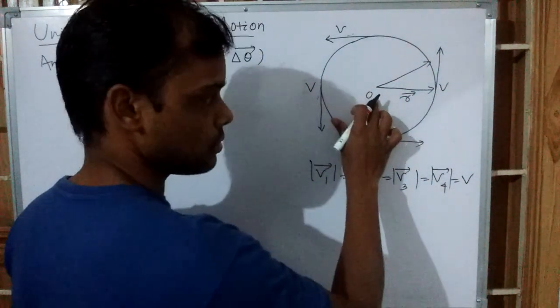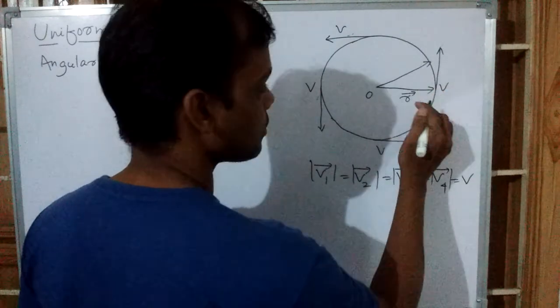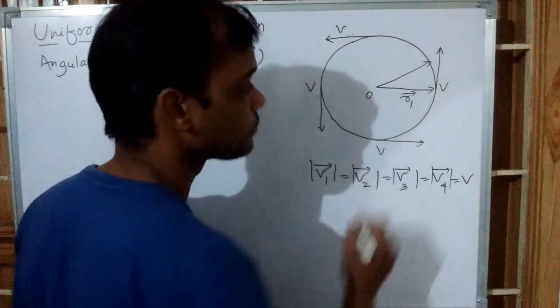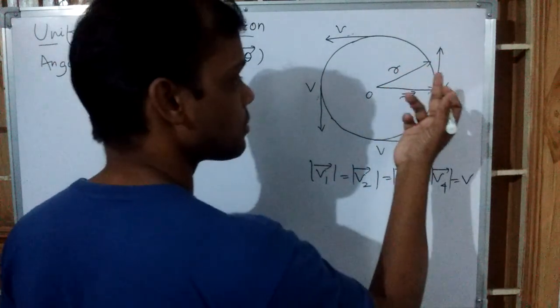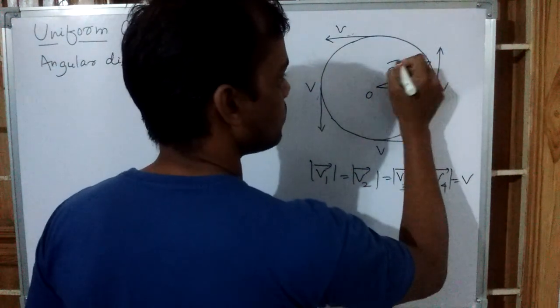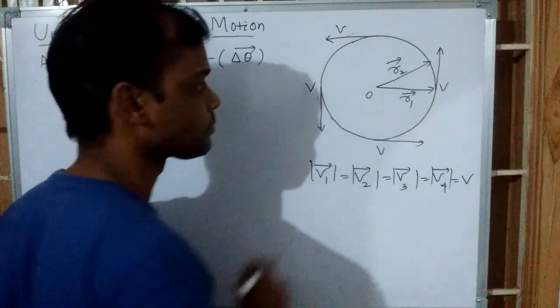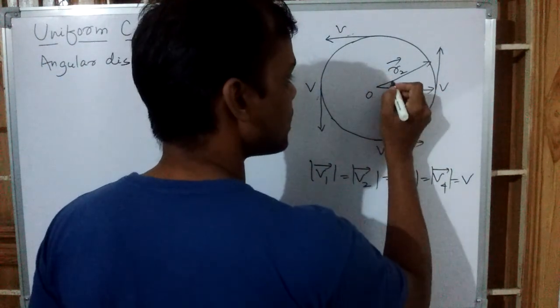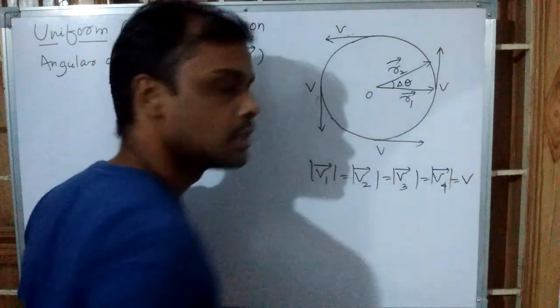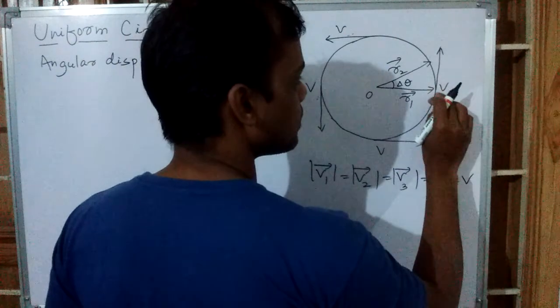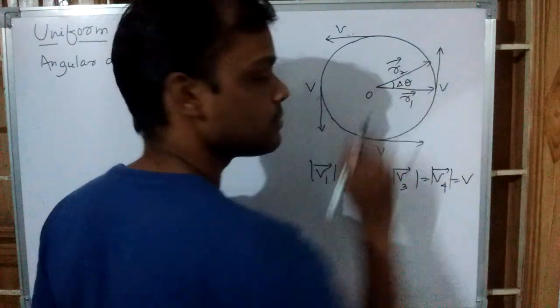This is the origin, so this is the initial position vector of the body, let it be r1. This is the next position after some time, let it be position vector r2. Now the angle subtended by the body, let it be del theta.